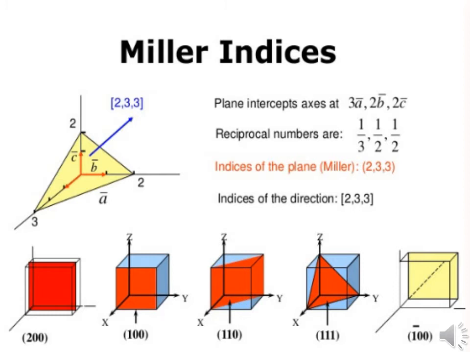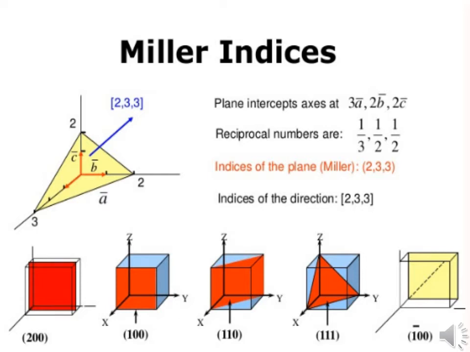The LCM value is 6. Each reciprocal is multiplied by 6 and simplified. The Miller indices of the plane reduce to the three smallest integer numbers 2, 3, 3. Within open and closed parentheses, (2 3 3) is written as the indices of the direction.